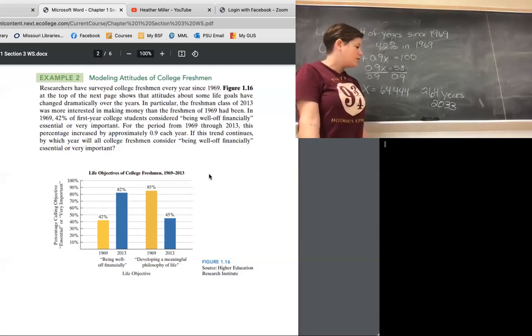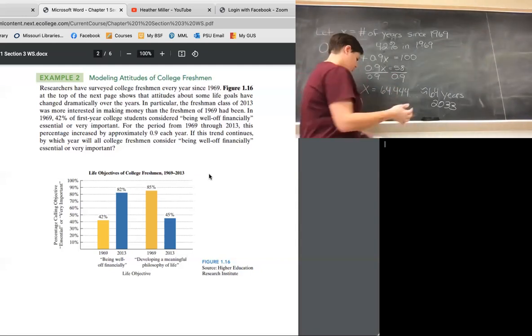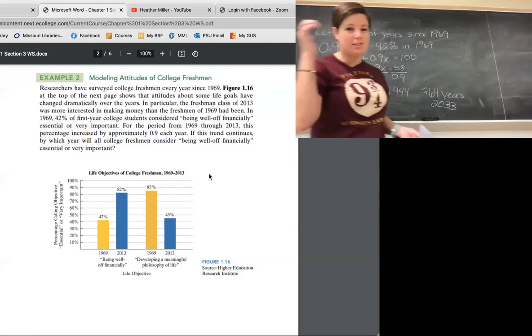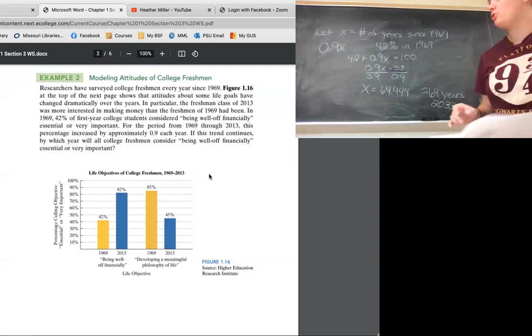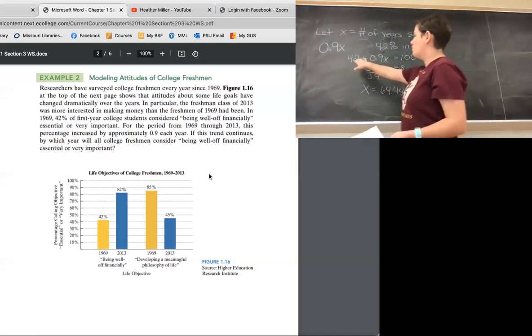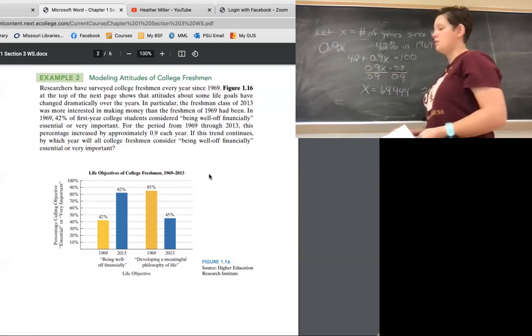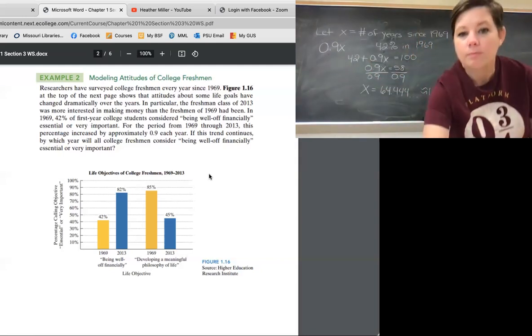So by the year 2033, based on the data, if it continued to grow the exact same way it has, all incoming freshmen would think that being financially well off is the most important thing. I think this is one of the weirdest ones that we have, because you have to start with the starting point, and add how much it's increasing every year to get to our ultimate goal.